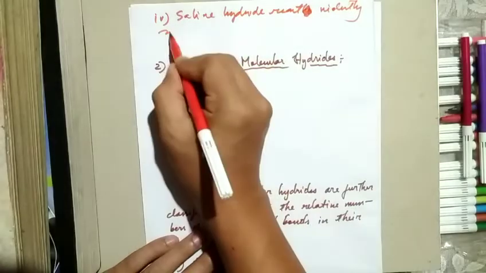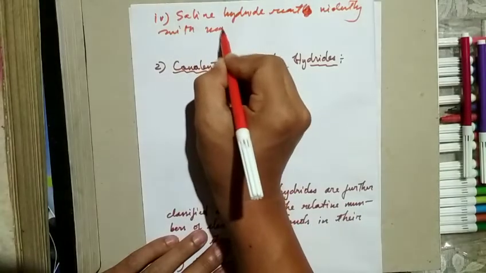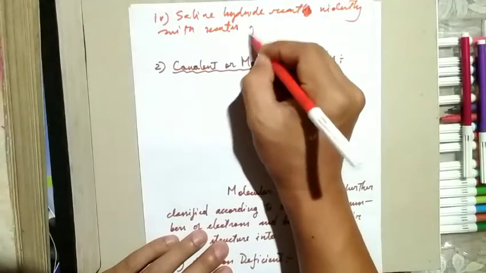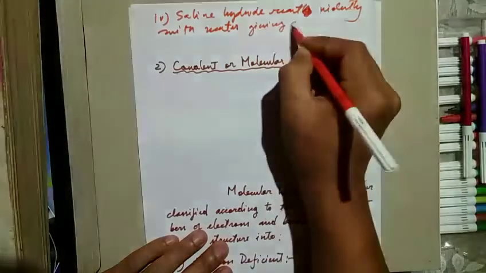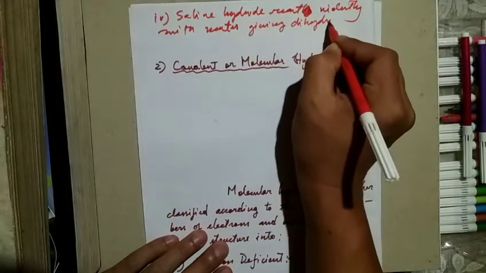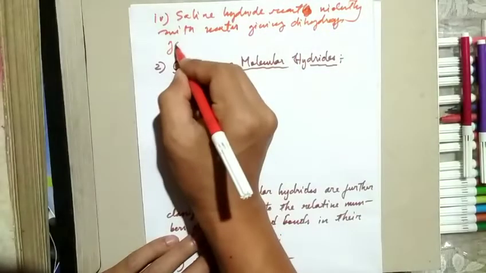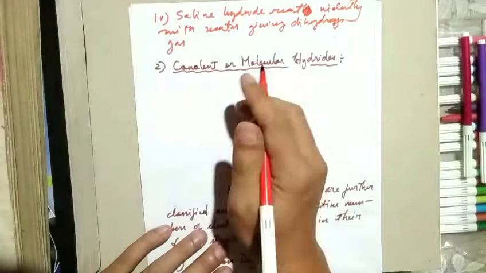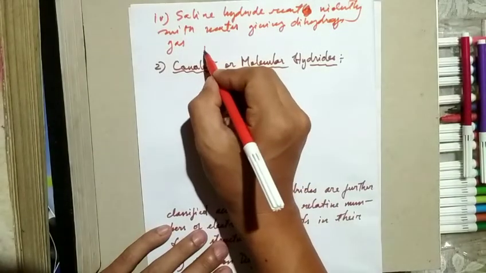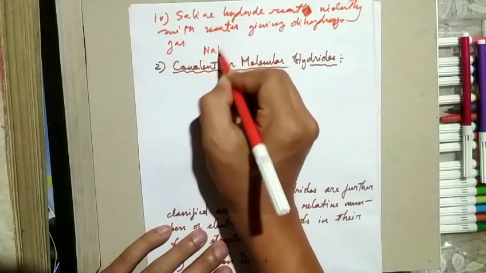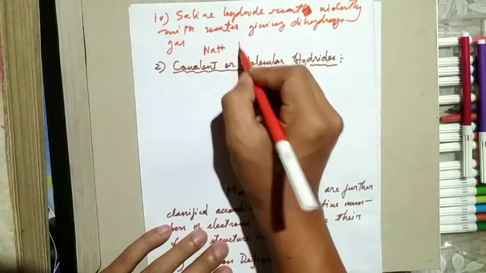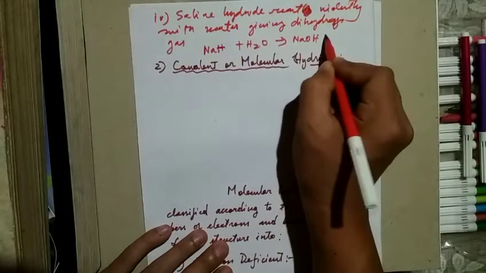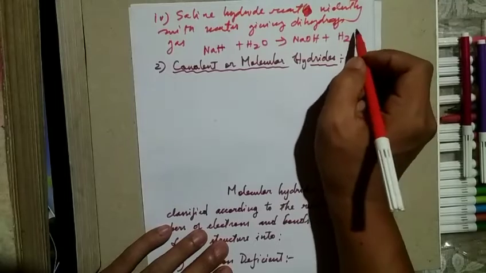Violently means they react vigorously with water. An example is NaH, which reacts with water to give sodium hydroxide and hydrogen gas, dihydrogen gas.